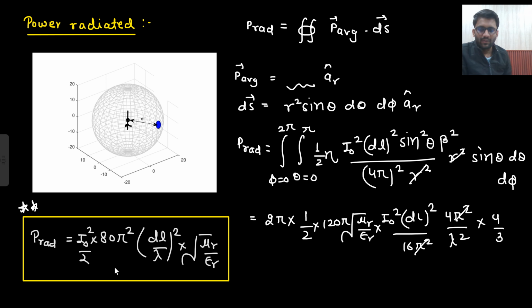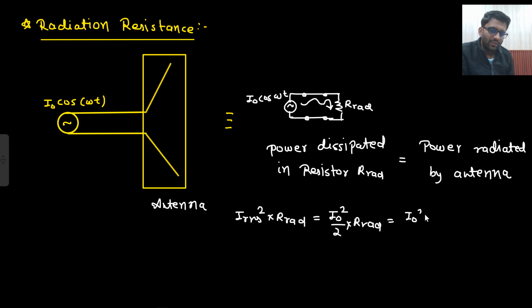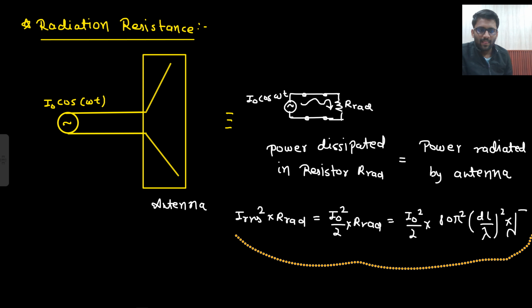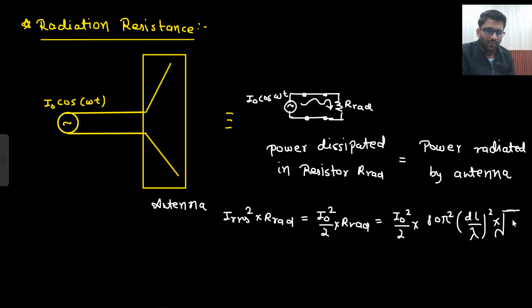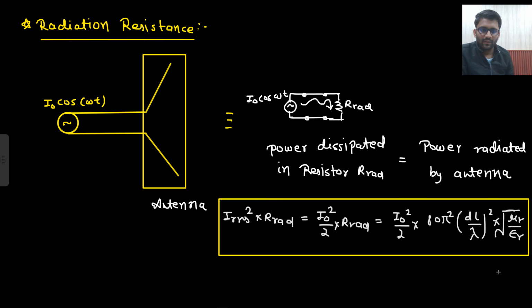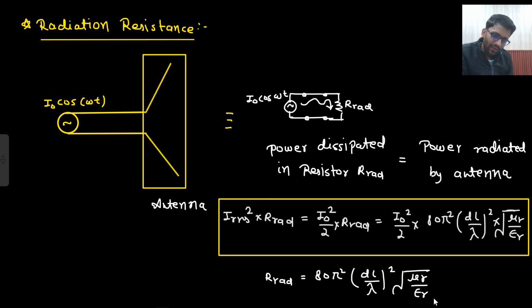This is equivalent to this, that is I naught square by 2 into 80 pi square dl by lambda whole square under root mu r by epsilon r. So what you are getting here is that your R radiated is 80 pi square dl by lambda whole square under root mu r by epsilon r.